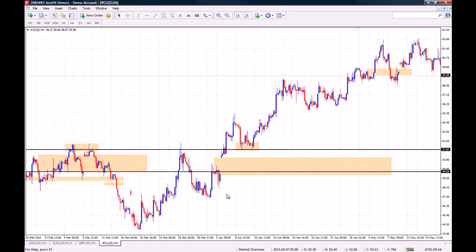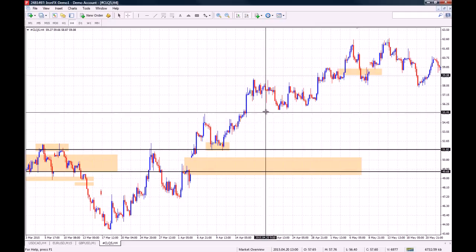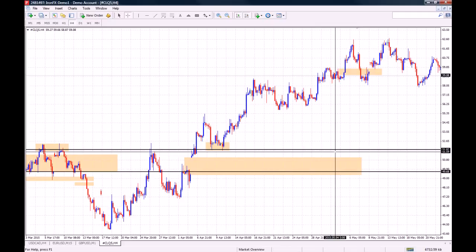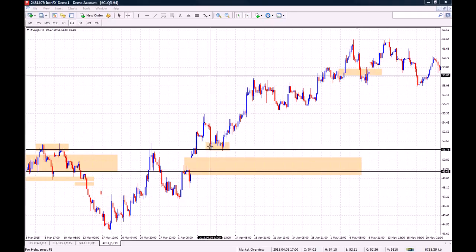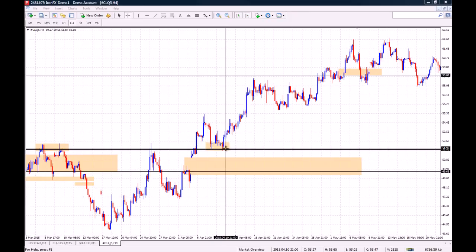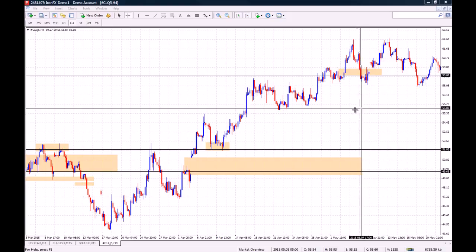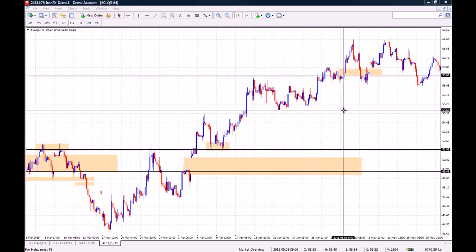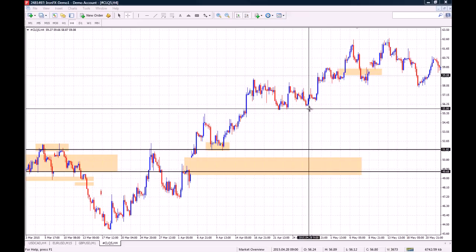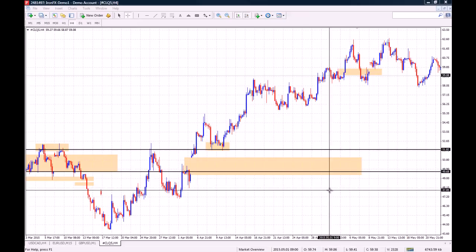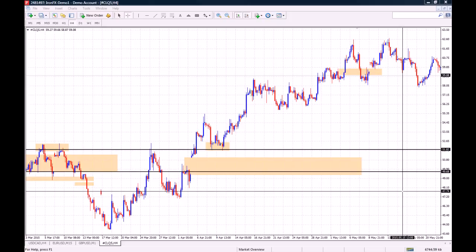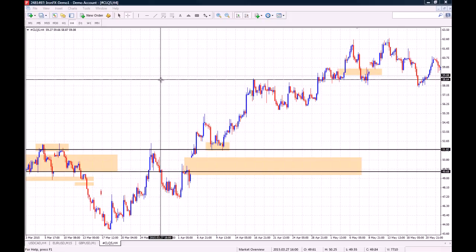For instance, in this example, when you buy the weekly call options right here, if price breaks these lows, you need to sell those options at a profit before price comes back and erases them out of your paper trade.